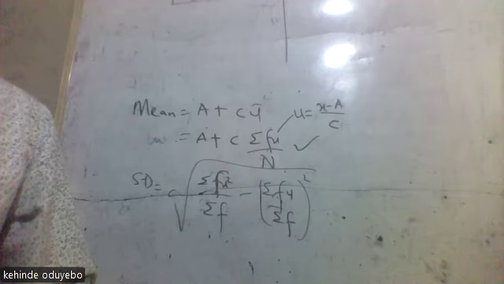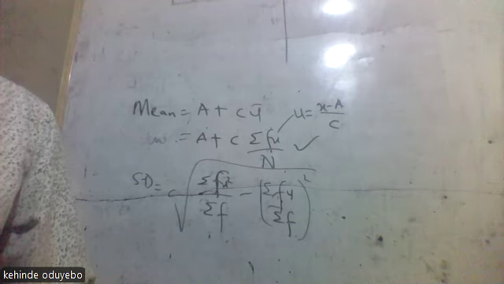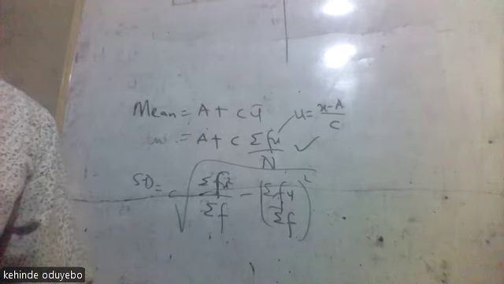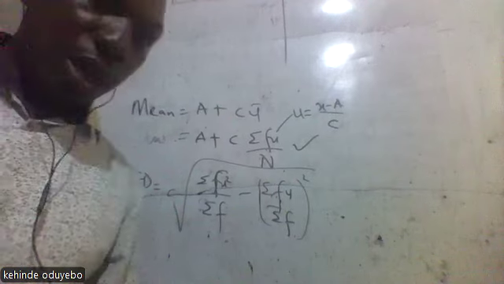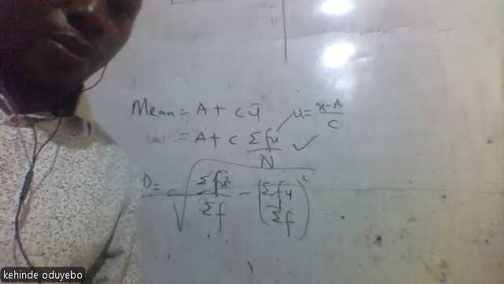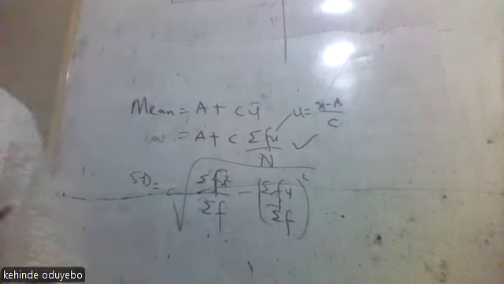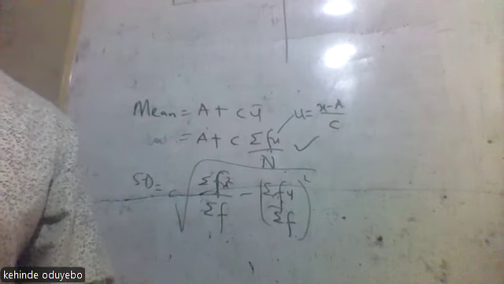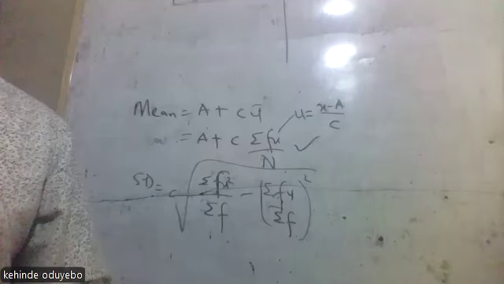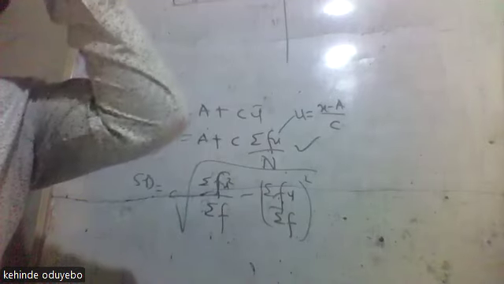The next one there is 67, and we have them to be 4. They appear 4 times: 67.75, 68.5, 69.25, and 70. Are we together? Yes. So each of them occurs with their varying frequencies. Can I go on? Yes. Okay.